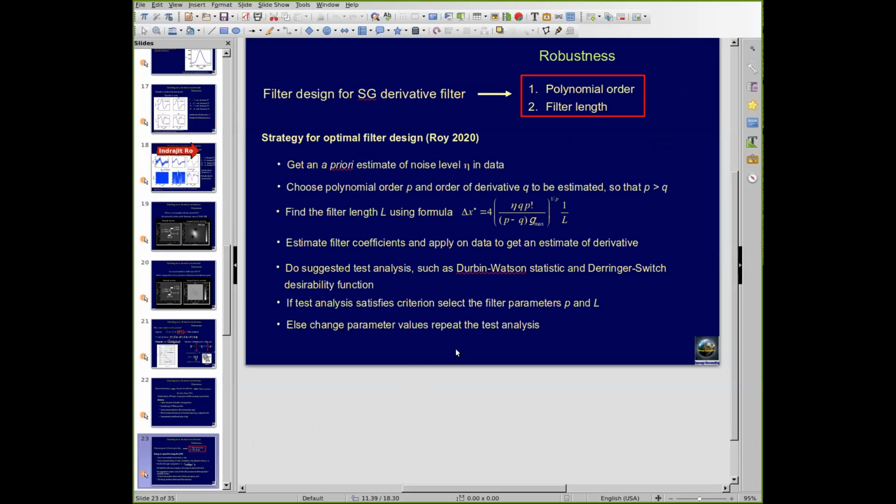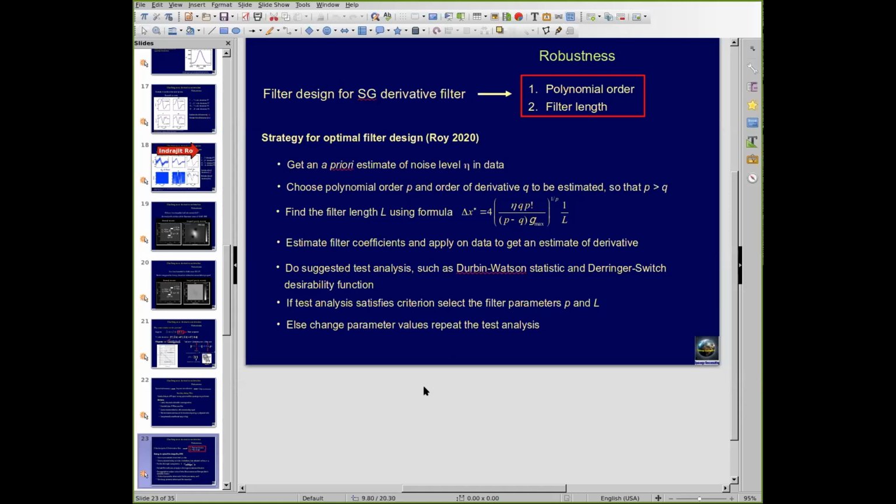But the filter design is a very important thing. There are two important parameters, polynomial order and the filter length. That means the window size, akin to the window that we normally use, say in Euler-Deconvolution or Werner-Deconvolution type of things. So here also a window is required.